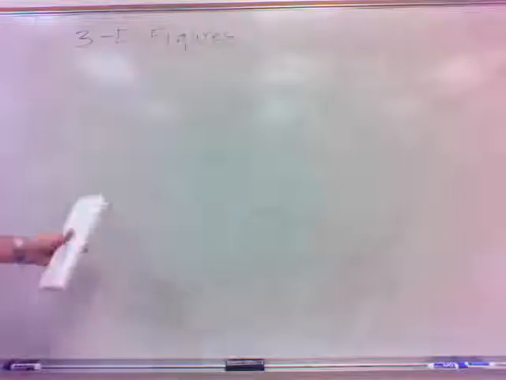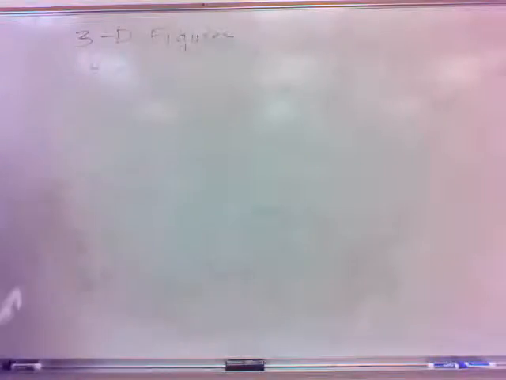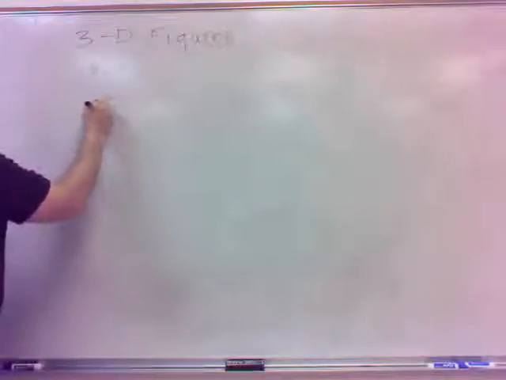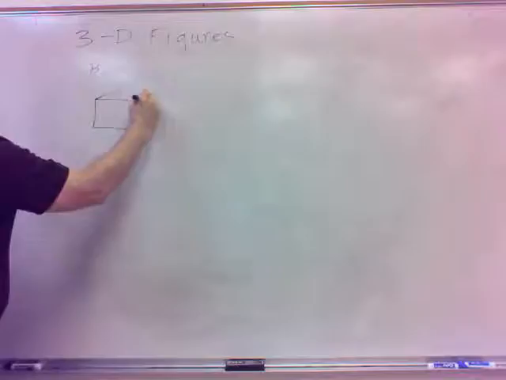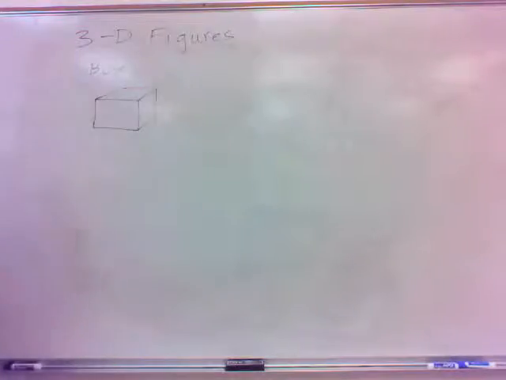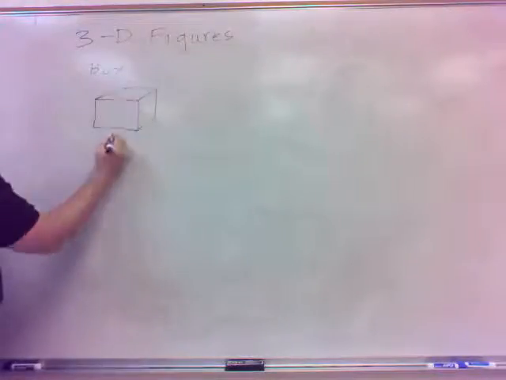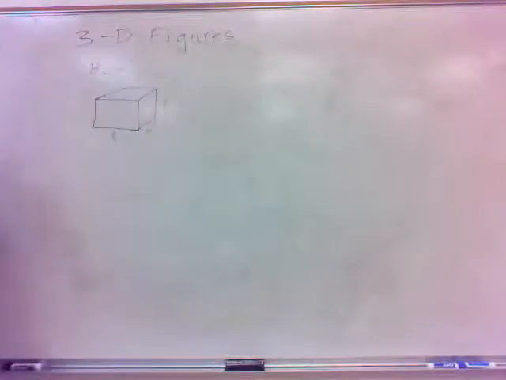I guess the most basic three-dimensional figure we'll be talking about is the box, a three-dimensional rectangle, if you will. This is the attempt here to draw that, because you've got three dimensions. You've got length, width, and height to it.